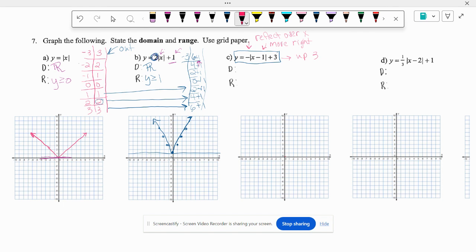So you could take the point 0, 0, move it to the right 1, and then instead of moving it up 3, since you're reflecting over the x-axis, it's going to move this way. That's what's happening here. We'll pause our video and we'll pick back up.